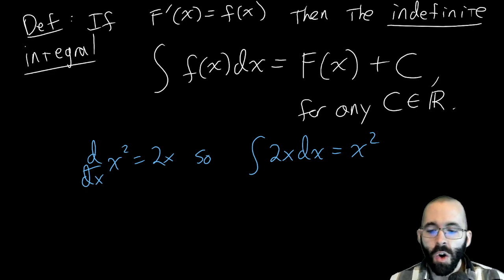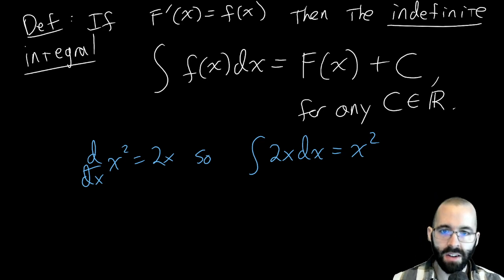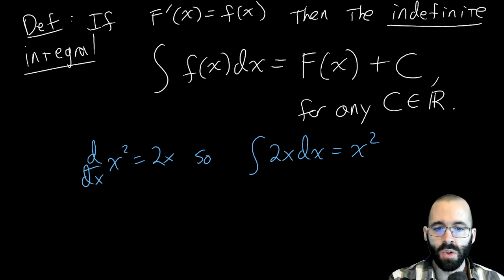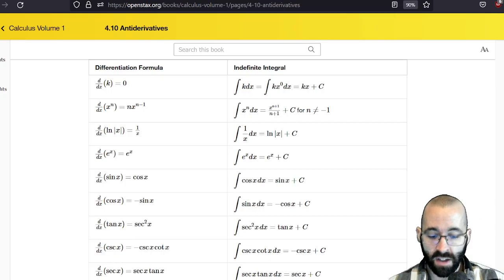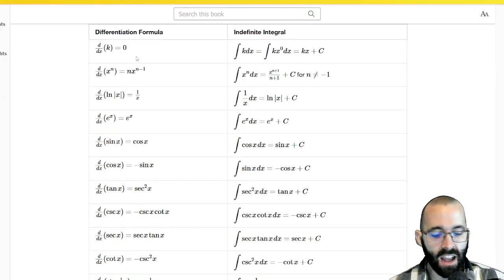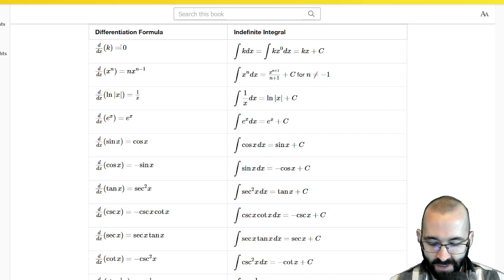Or if you really like having things organized and in the same place and in the right notation, you can go, and I will link this for you, to volume 1 in OpenStax, section 4.10, and this has everything that we've done.